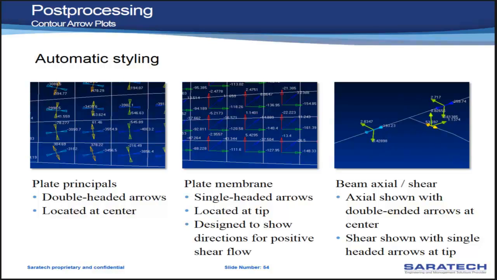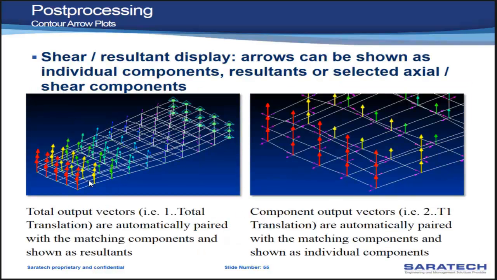Another cool thing in here is, let's say we had wanted an output vector of the total deformation, we would get something like this. However, if we wanted to look at T1, T2, and T3, it would give you these small pink arrows, at least pink in this model, and automatically pair them to the matching components and show them as individual components.